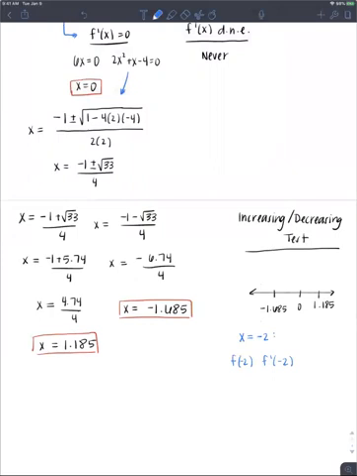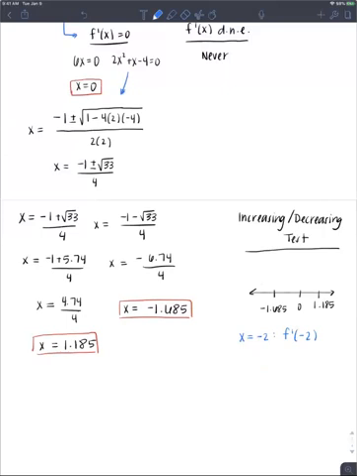Yeah, f prime, right? Because the increasing decreasing test says when the derivative is positive, you're increasing, and when your derivative is negative, you're decreasing. And so here, I want to see if f prime of -2, excuse me, is positive or negative.